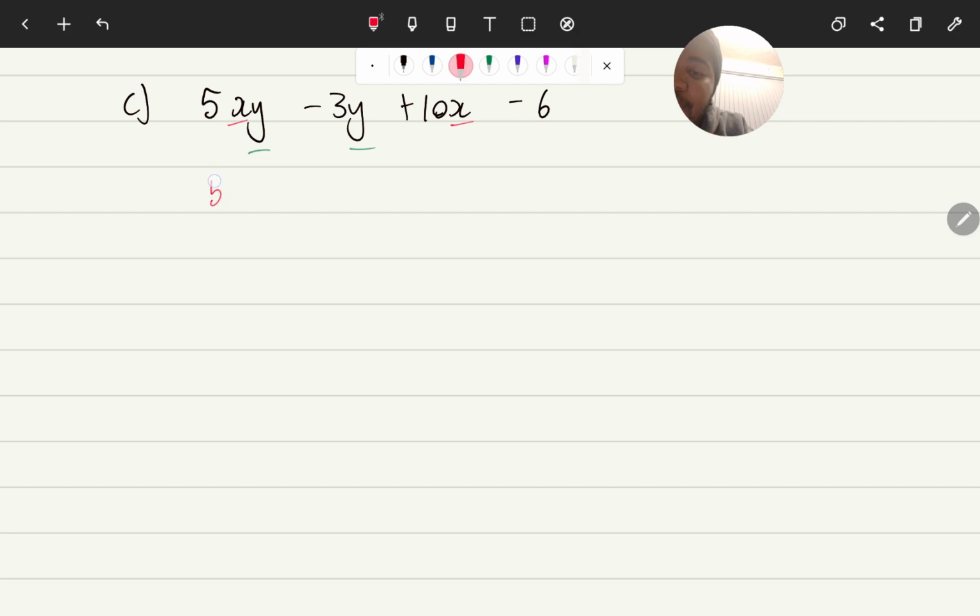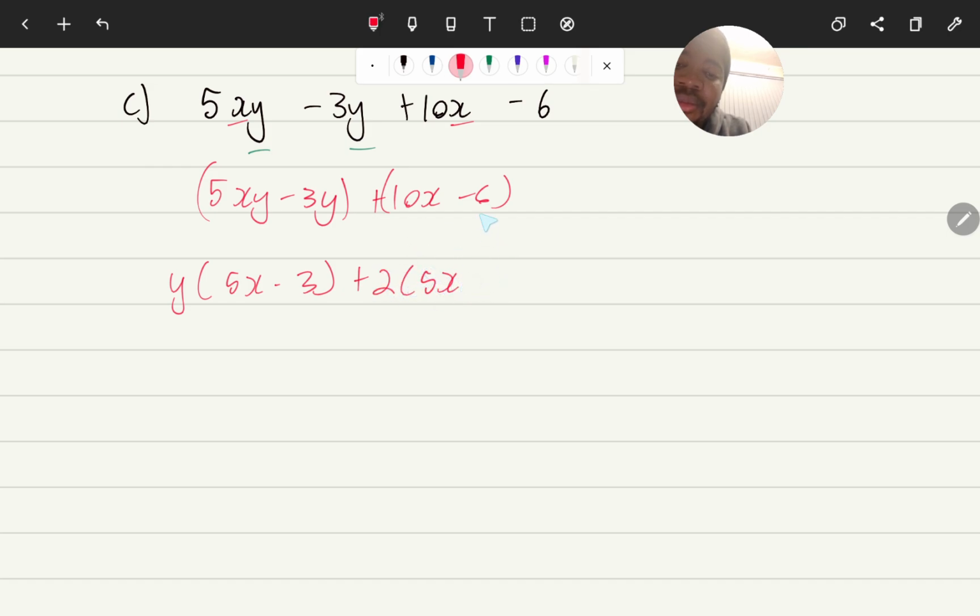What a beautiful 5. 5xy minus 3y plus 10x minus 6. Common factor here, y, (5x minus 3) plus common factor here, 2, (5x minus 3). Common factor, 5x minus 3. We are left with y plus 2, right?